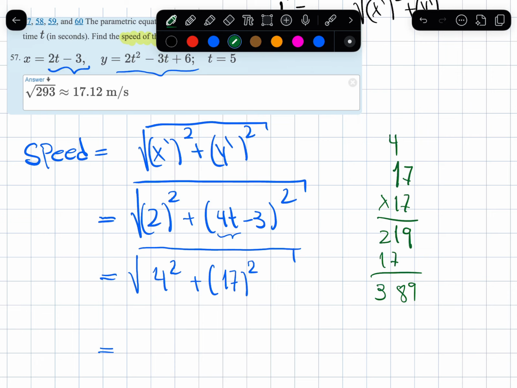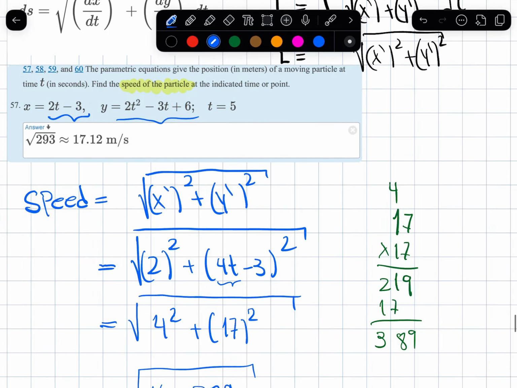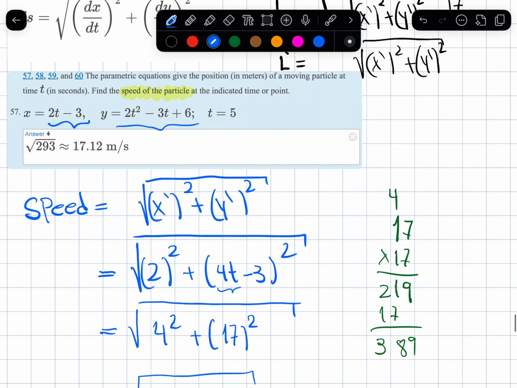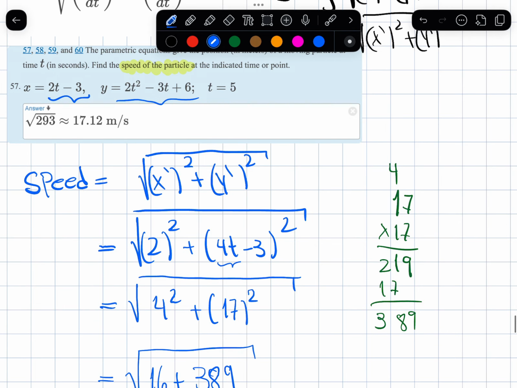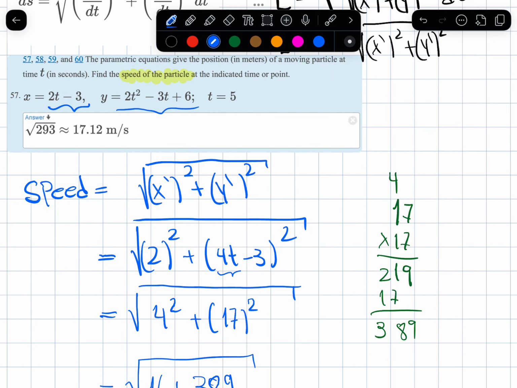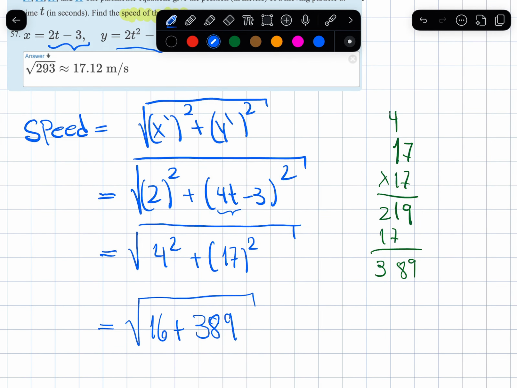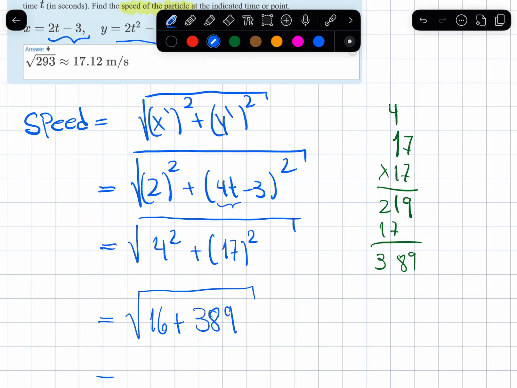Is that correct? Does it look correct? Double check this for a second.